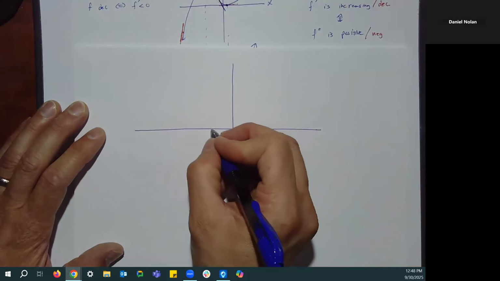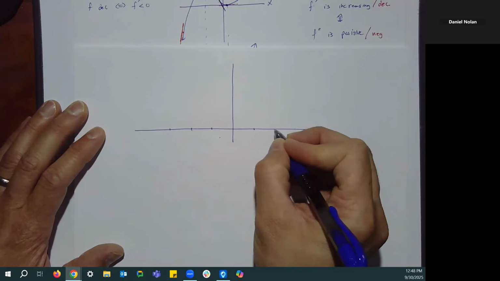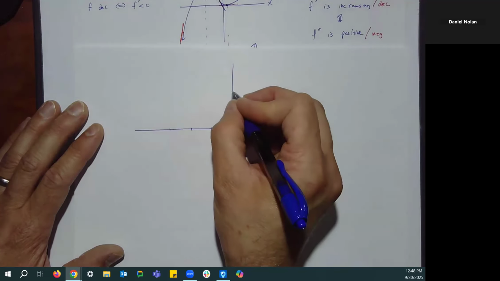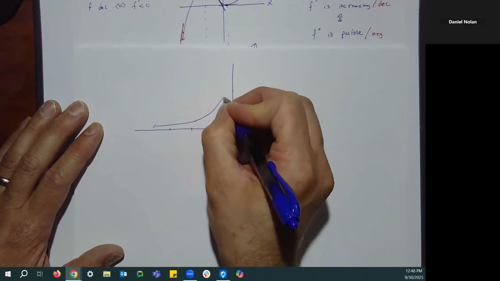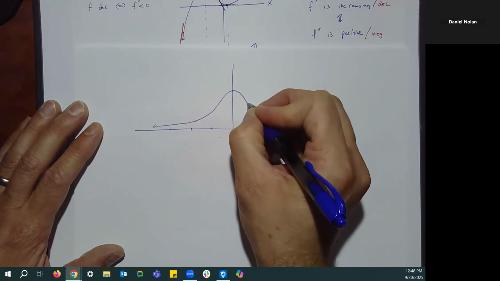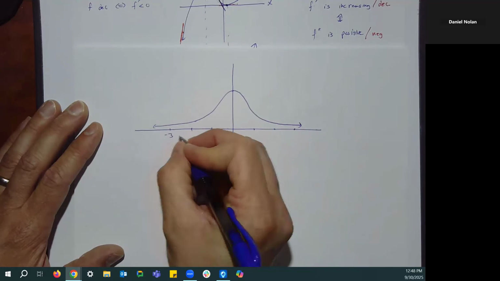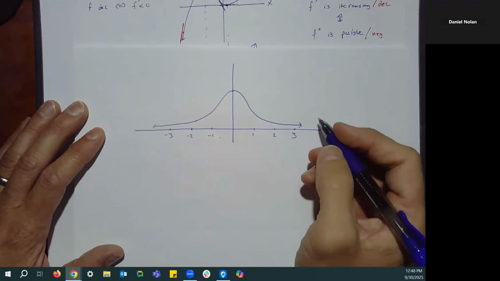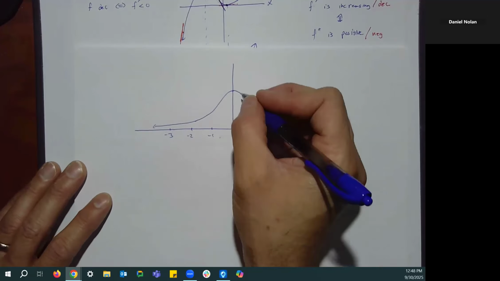This example should look maybe familiar, especially if you've taken a stats class ever. So here's the function that he has drawn for you, or displayed for you, and it goes up to almost 1.